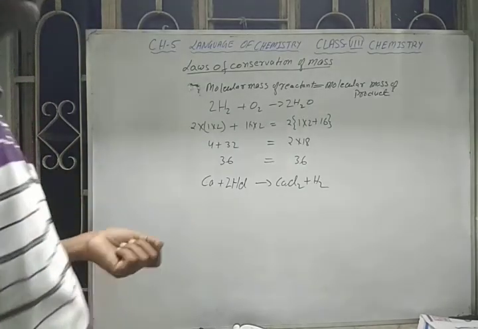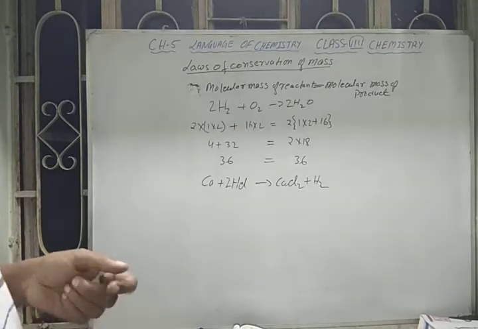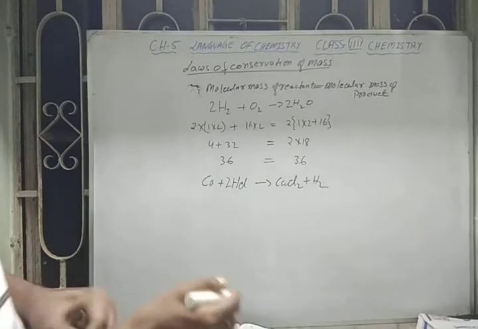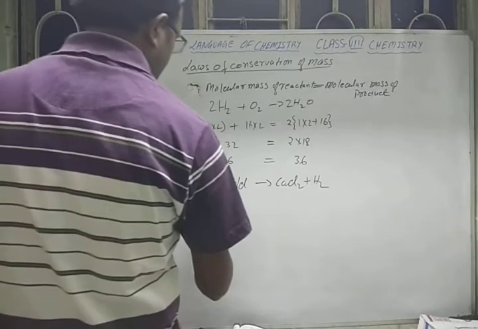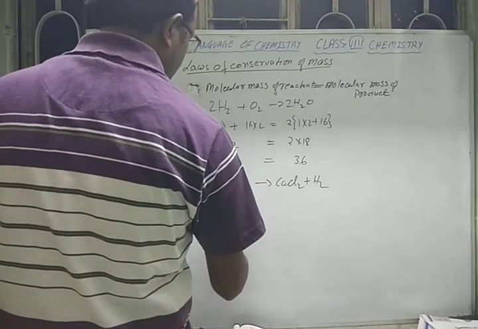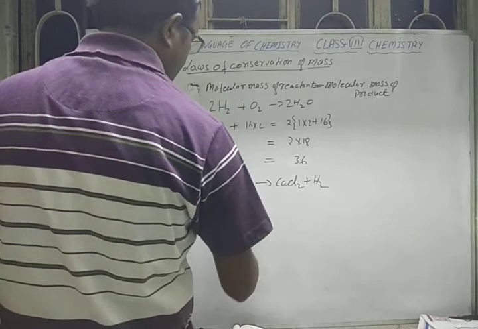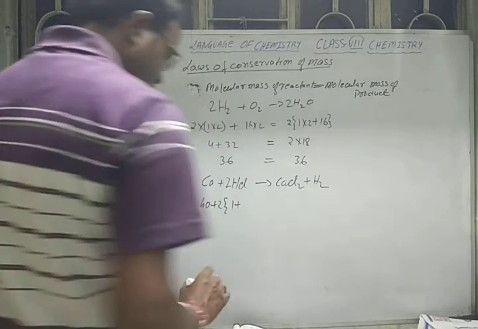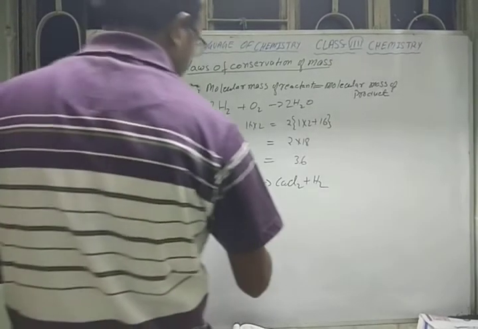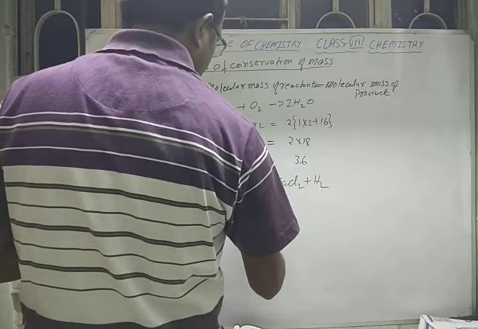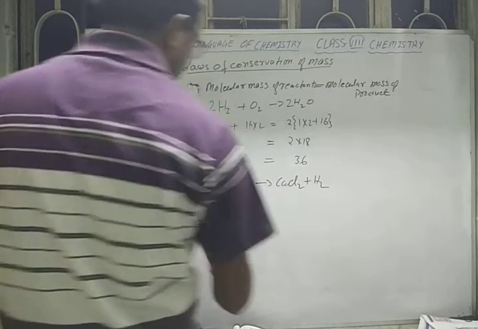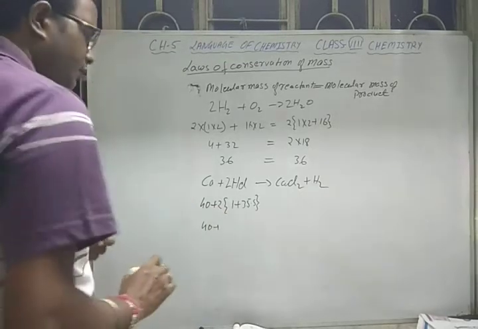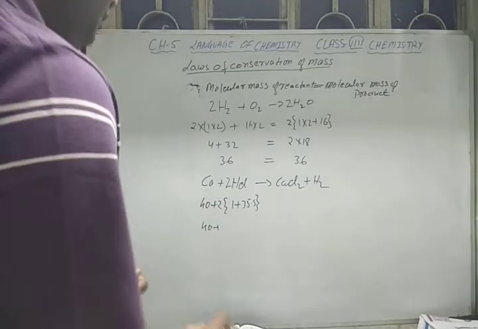What is the atomic mass of calcium? If I don't forget, it is 40. So it is 40 plus 2 into, hydrogen is 1 and chlorine is 35.5. Now calculate it: 35.5 plus 1 is 36.5, into 2.